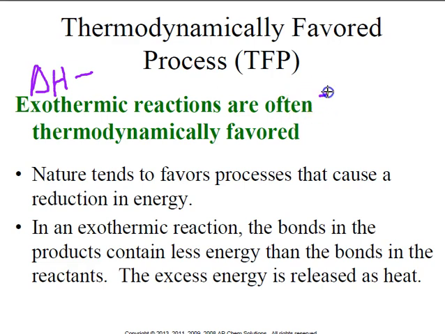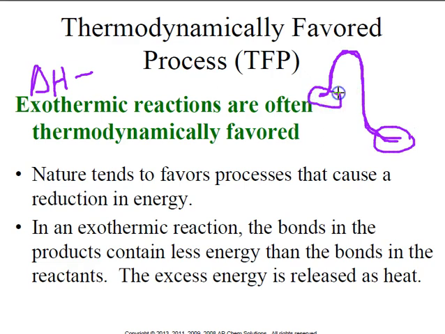So if you'll remember, if it's exothermic, then our energy plot would look like this, where we're going up, breaking the bonds, coming down, making the bonds, and if it's exothermic, we're going to land down here at this lower energy. In these processes, the bonds in the products that we're making are at a lower energy than the bonds in the reactants were.